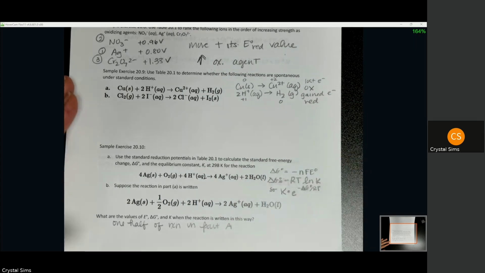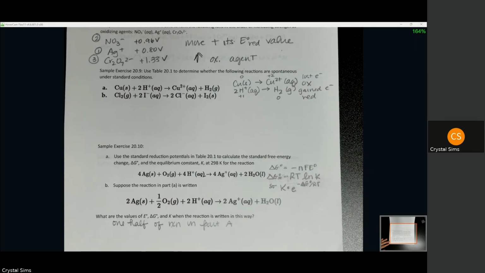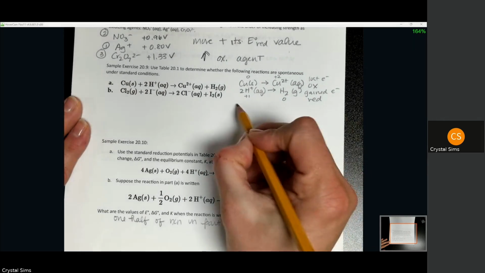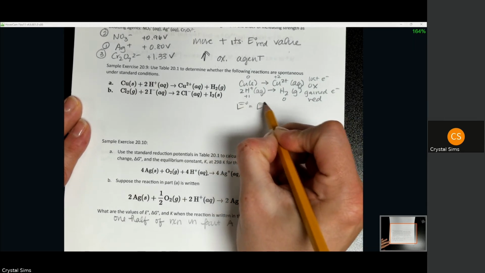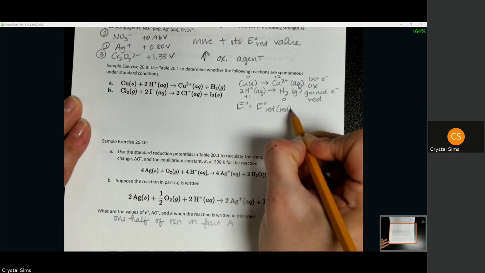When we're trying to determine spontaneity, we use the same formula, but we don't call it cathode and anode like we have been. It's the reduction process minus the oxidation process. So reduction process minus oxidation process. So we're going to have this.